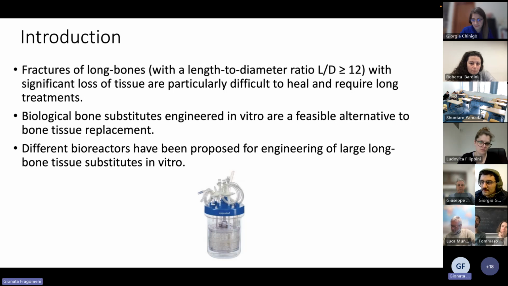And for this we use the bioreactor, but I talk about the bioreactor in the next slide.